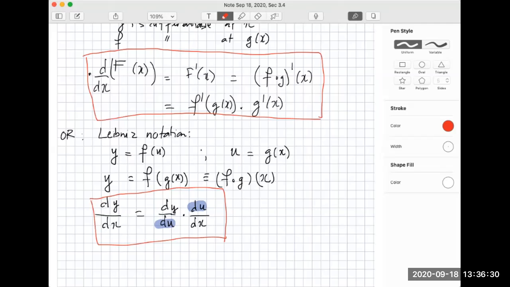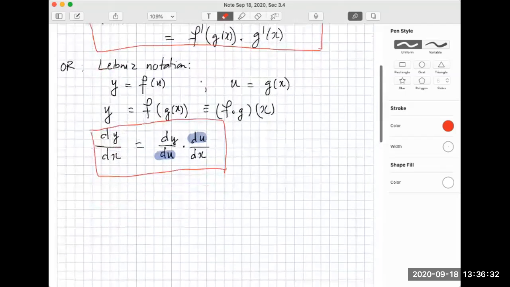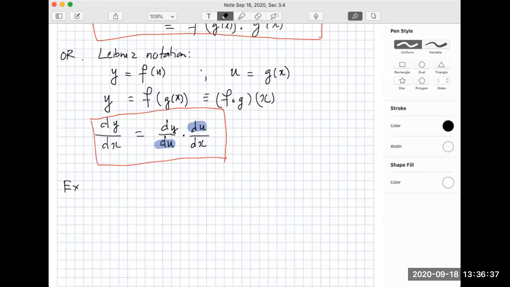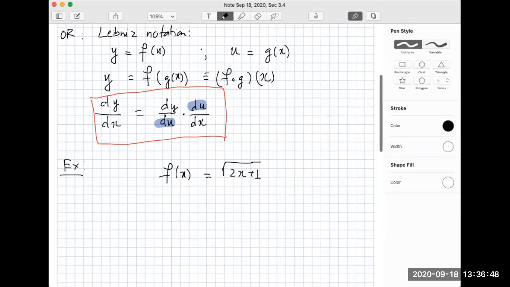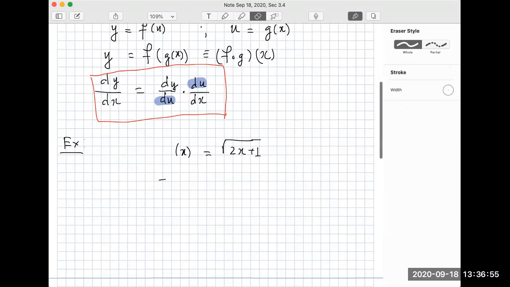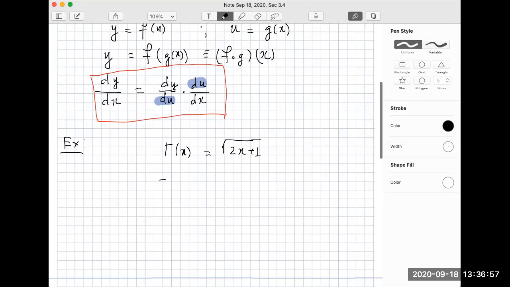Now let us go to an example. Given a function f of x is square root of 2x plus 1. Do you remember? We need to compute the derivative. Let us call it capital F here. So we need to compute F prime.